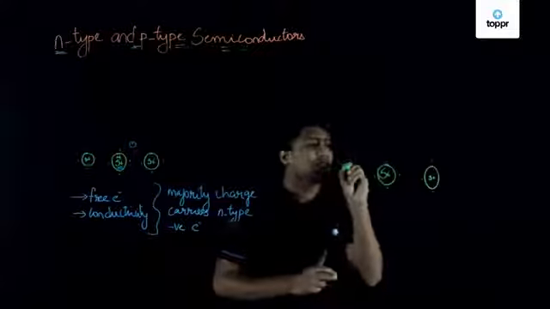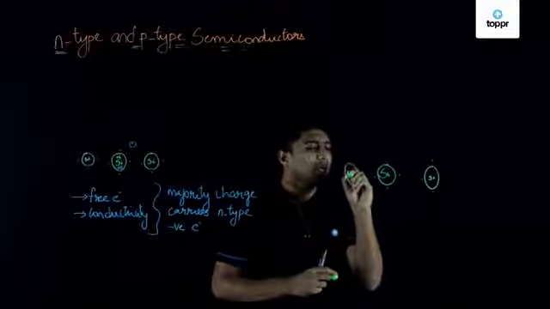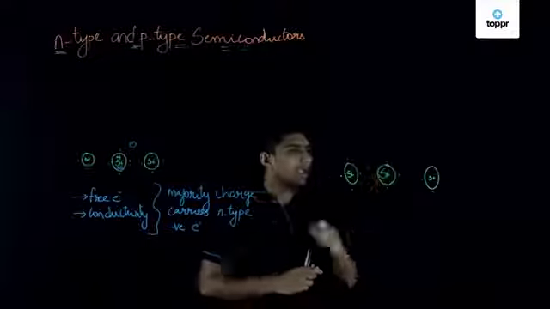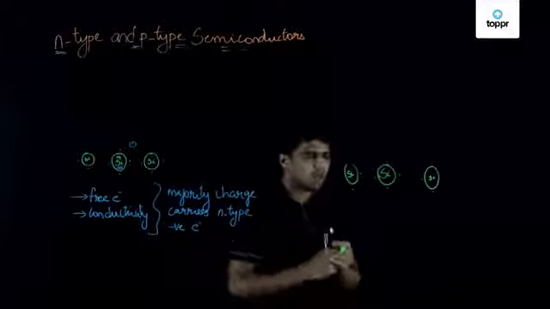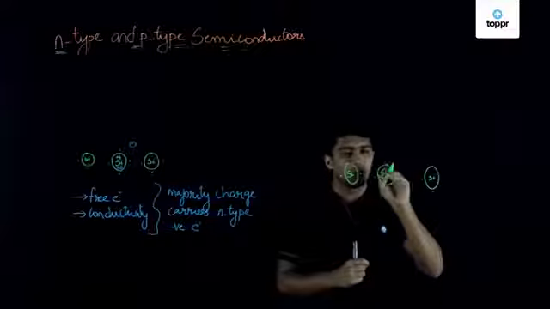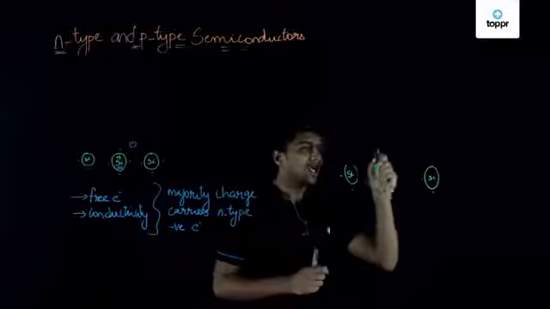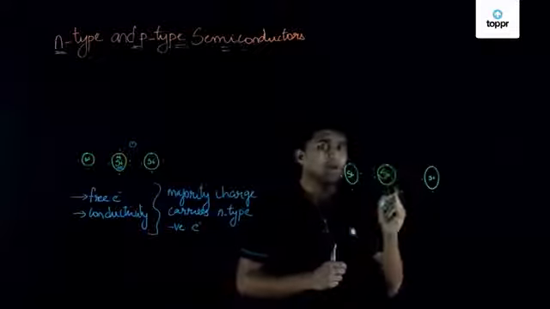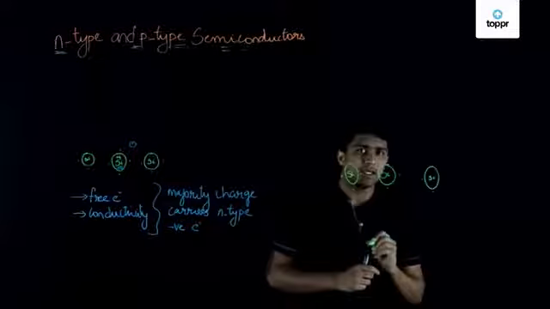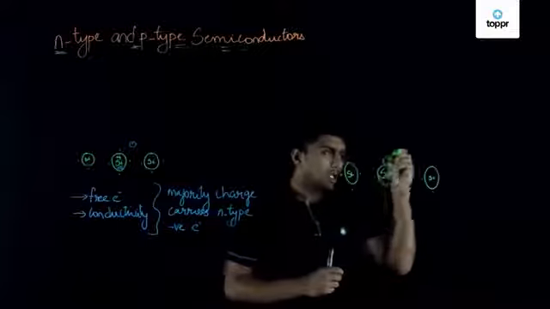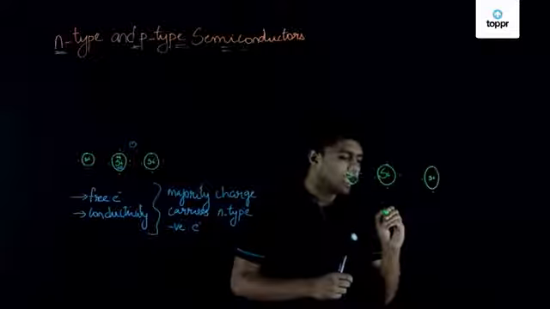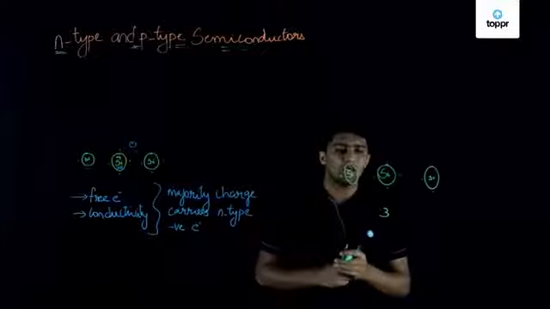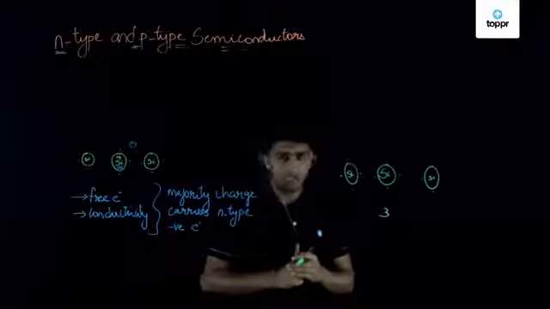I am considering only 3 silicon atoms in the crystalline structure. Over here we will be adding an impurity to improve its conductivity. We can add a trivalent impurity, which means the valency of the impurity will be 3, so 3 electrons will be revolving around the last orbit.